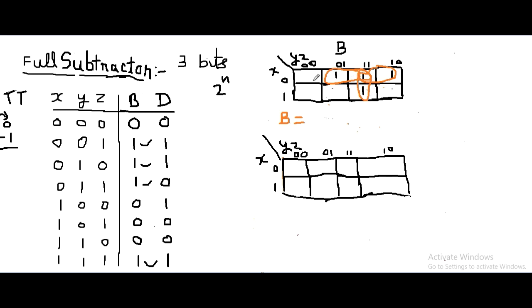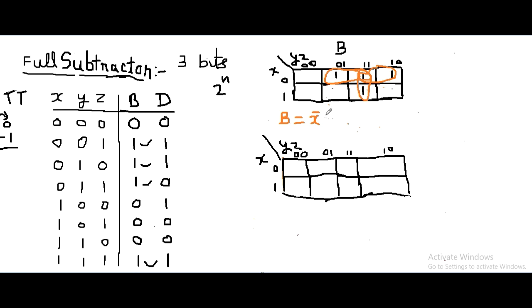For these combinations x is common, so we will write x complement here, and then 1 is common. If you don't know how to read these, you can watch my previous videos. And just to remind you, z is common and y complement plus y will be 1.